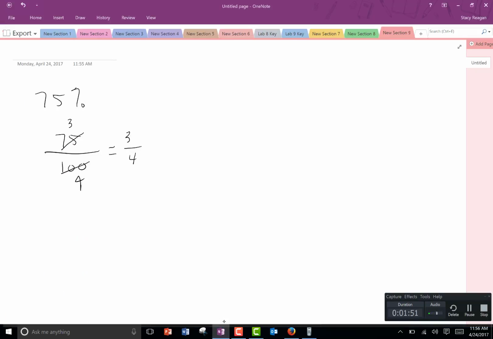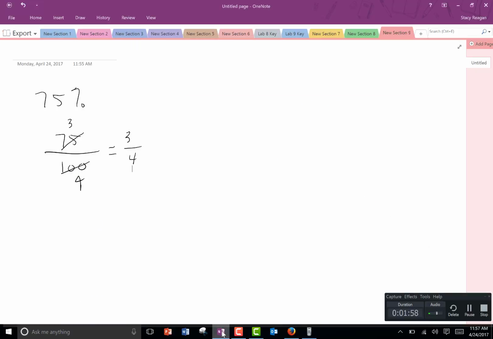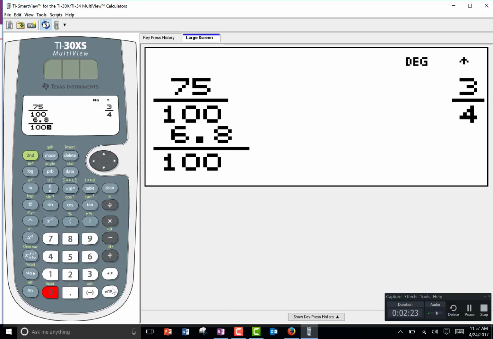When you look at the second part of that example, though, part B says salary's up 6.8%. If I wanted to write that as a fraction, I would have 6.8 over 100. And I cannot mix decimals and fractions, so I have to make sure this is reduced. So I put in my fraction 6.8 on the top and 100 in the bottom, and I hit enter.